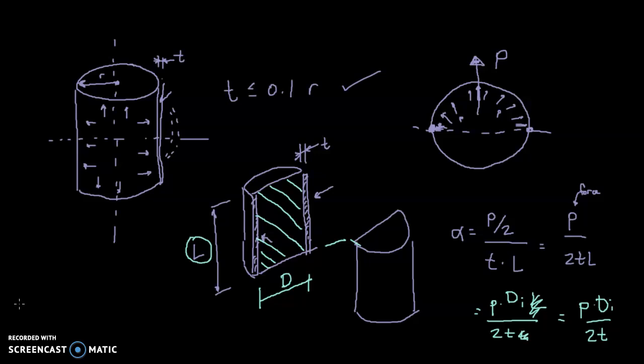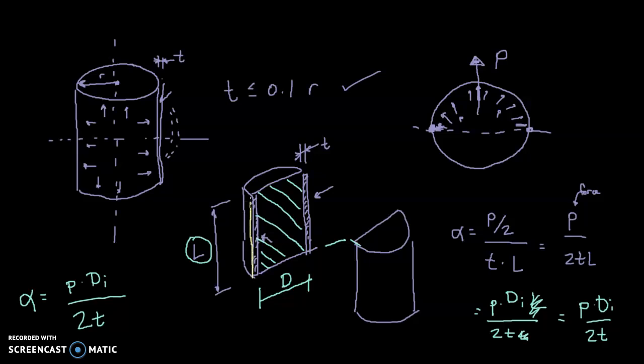So this is the formula we use: sigma equals p times D_i over 2t for finding the stress. Let me change my ink color once more.